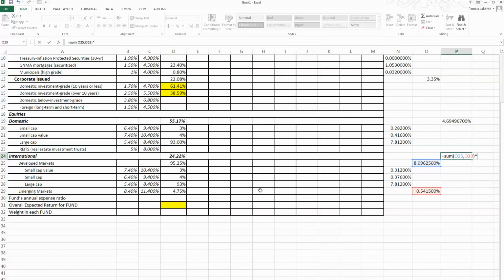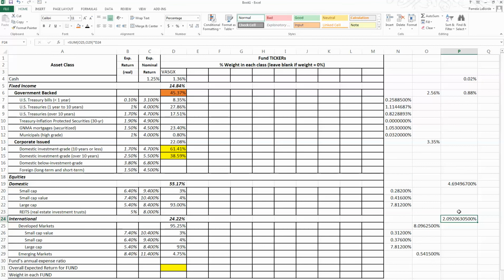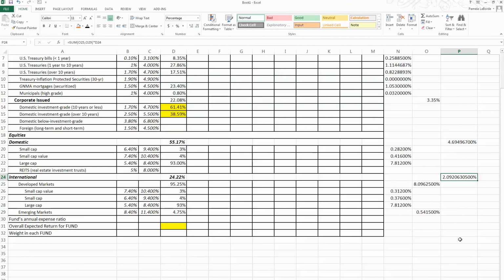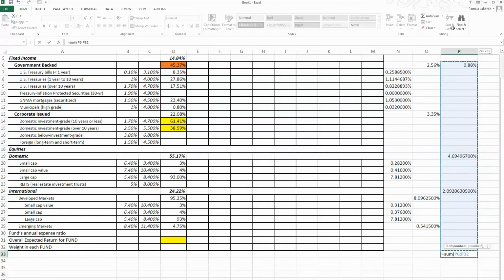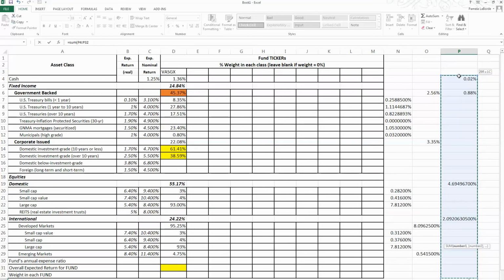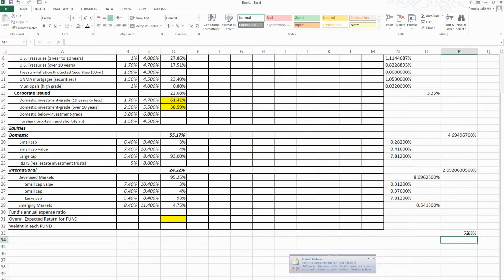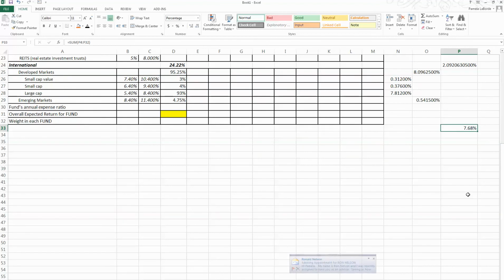And then I'll multiply by the international equity weight. Finally, if I sum all the values in column P, that should give me my overall expected return for the Vanguard fund. So I am going to put that here. So 7.68%.